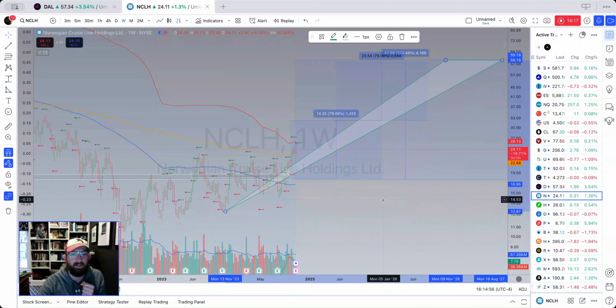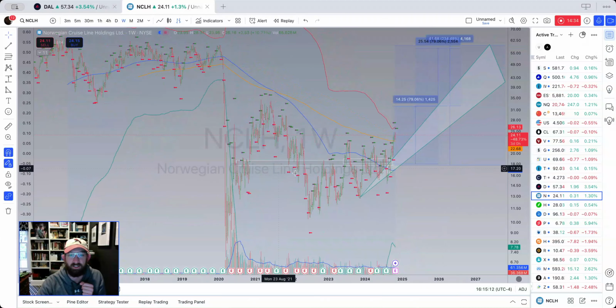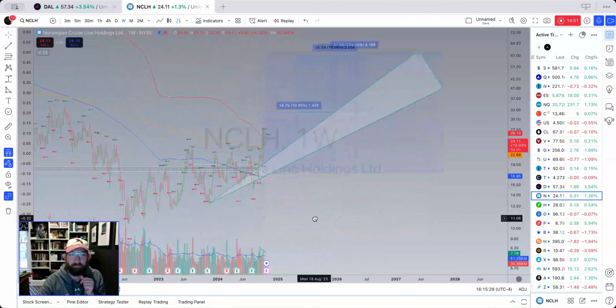That's pretty amazing. But you can see Norwegian Cruise Line has been in a huge consolidation range. So if we get a breakout from that range, you could really get a lot of strength that just trends up overall to some decent levels.